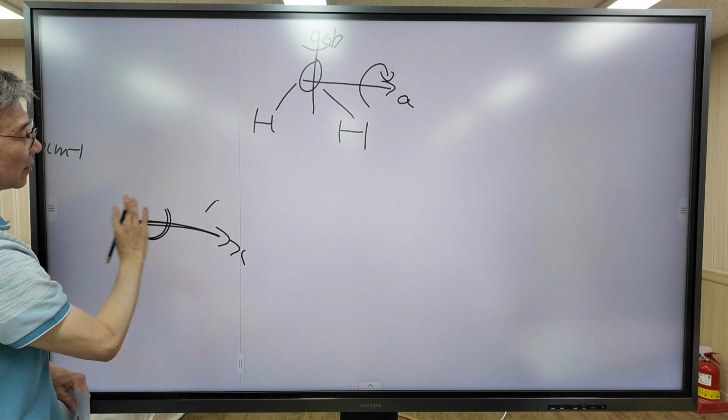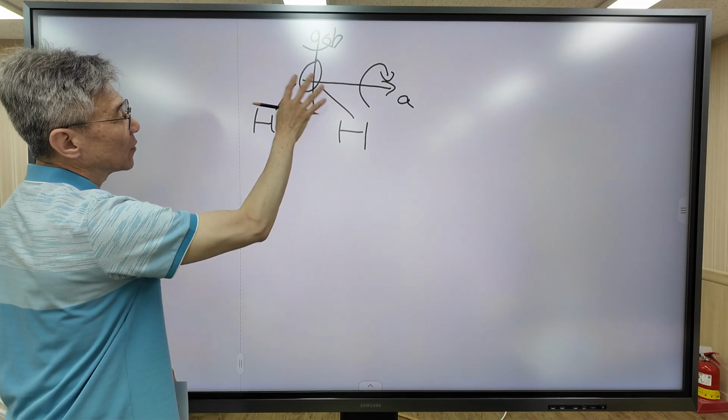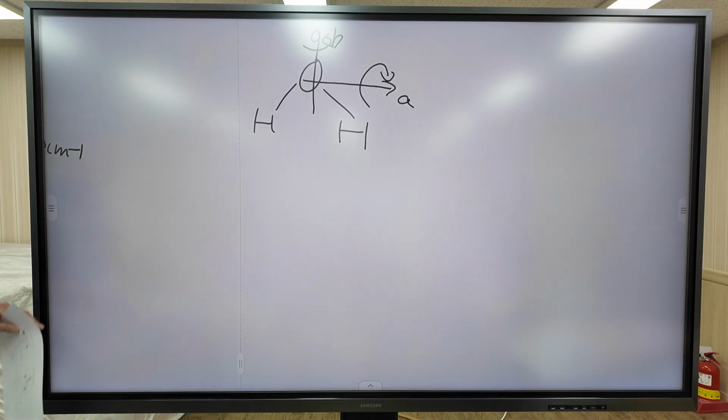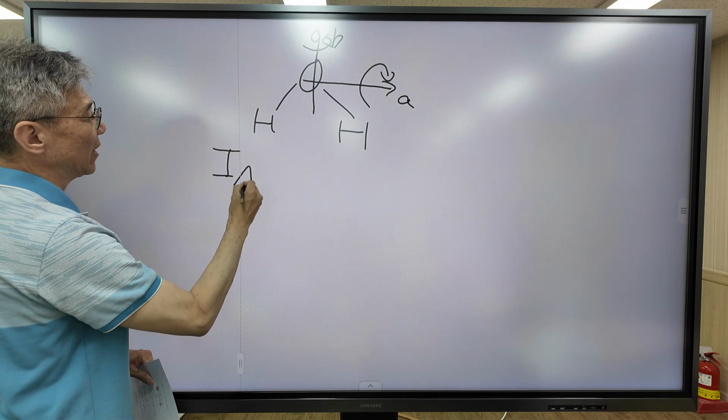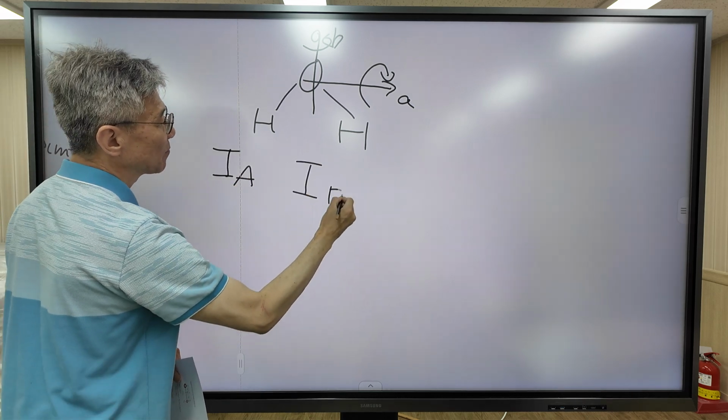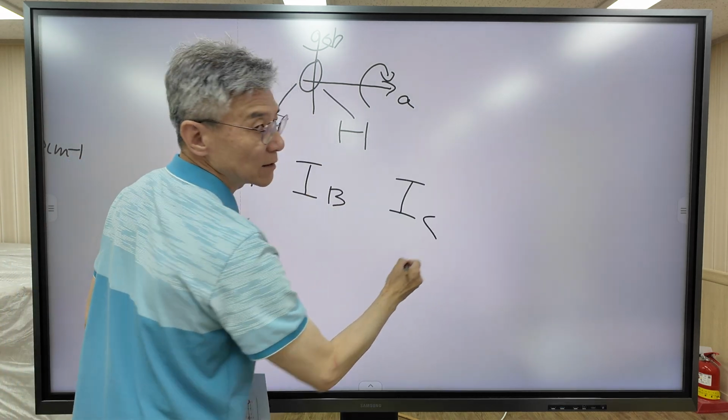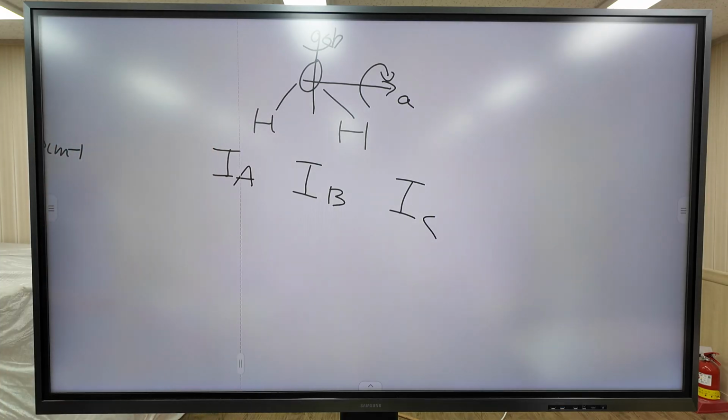So we can define three axes for the rotation. And for each axis, we can define moment of inertia IA, IB, and IC. And based on the moment of inertia, every molecule can be classified into 4 categories.